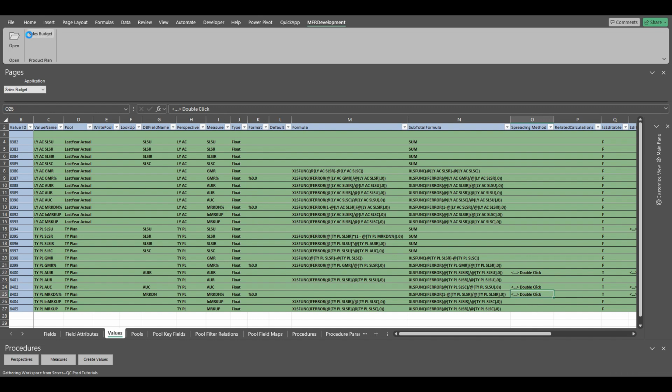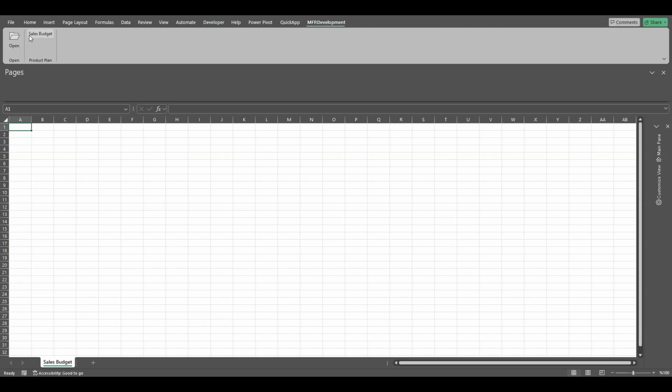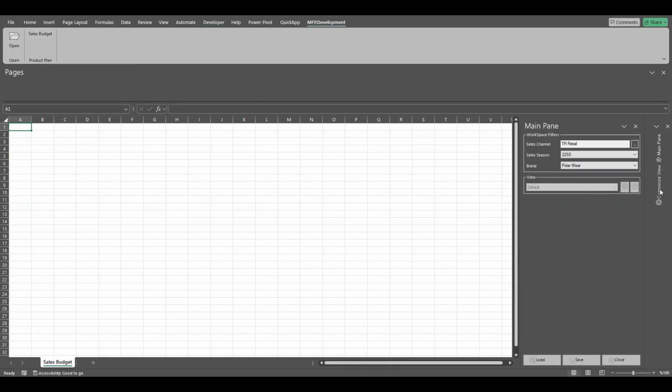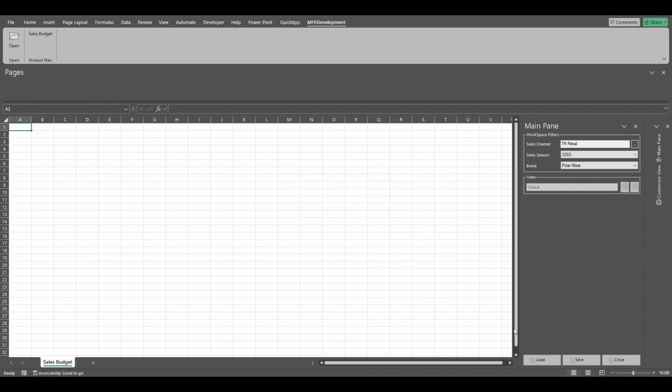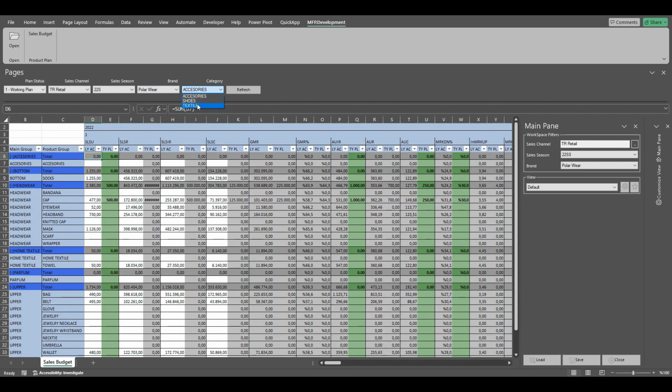Let's open our application again. Before loading our data this time, I take the category to page and load it. From the category section, I select textile.